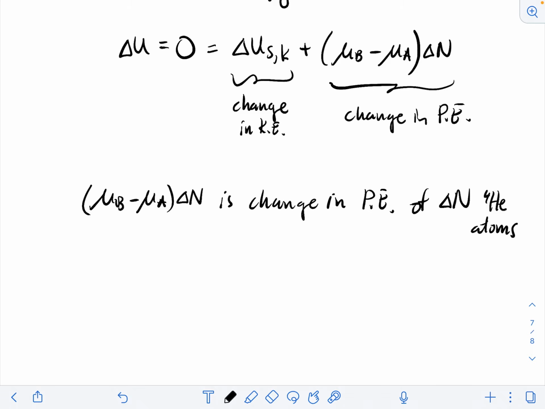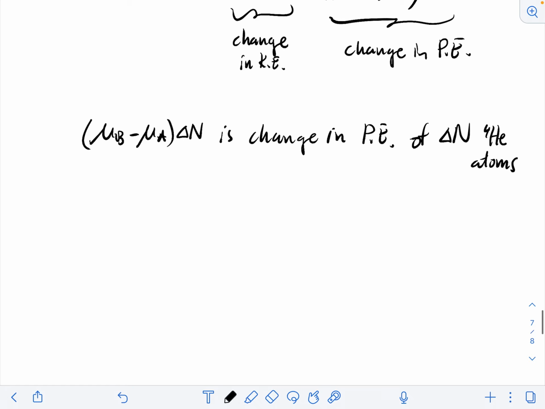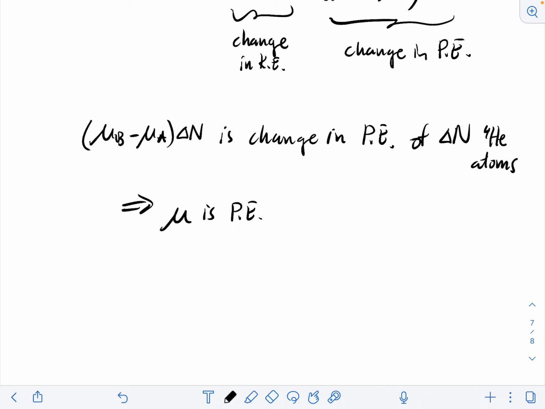And so that means if we divide by this delta n, we would have the change in potential energy per particle, or the chemical potential is the potential energy per particle. And so mu is the potential energy per particle of the superfluid.